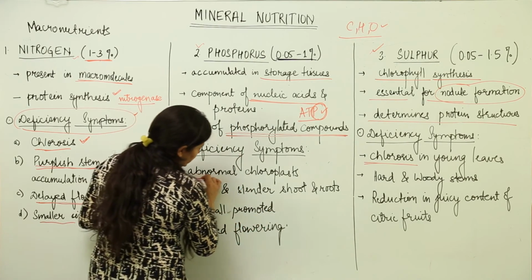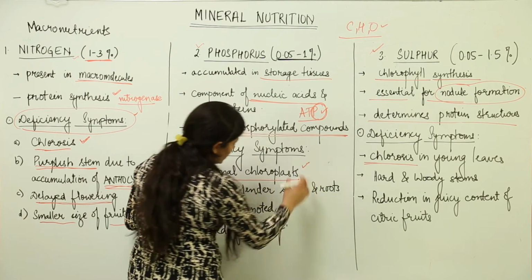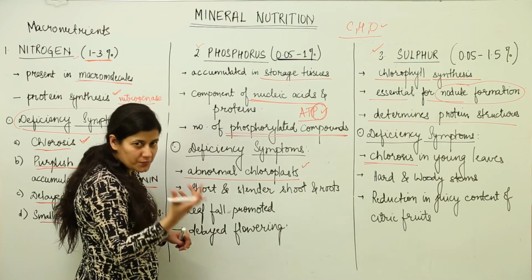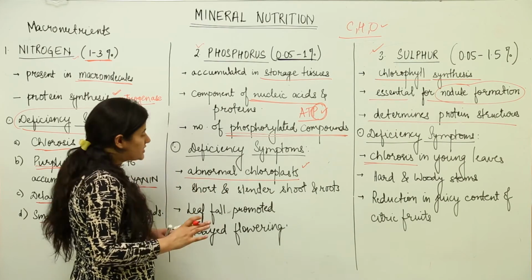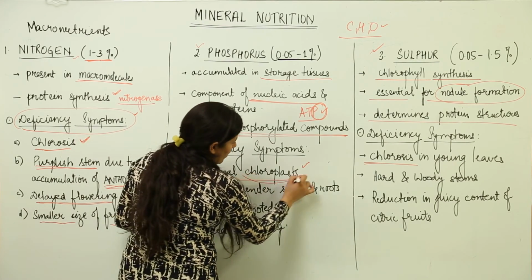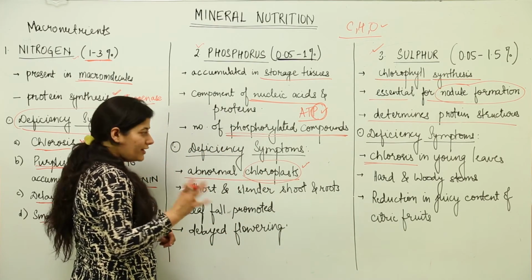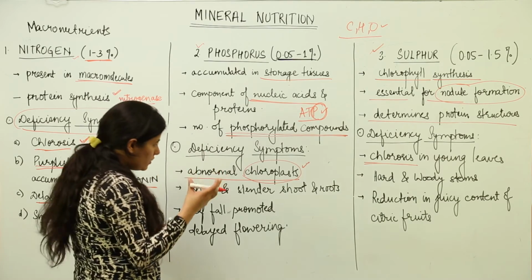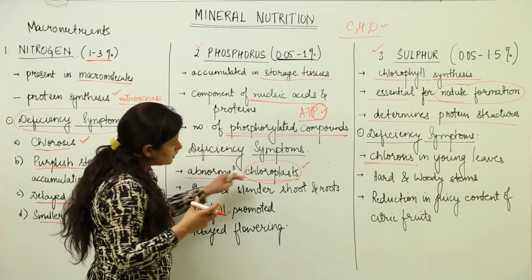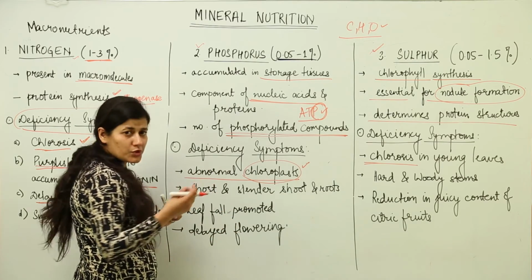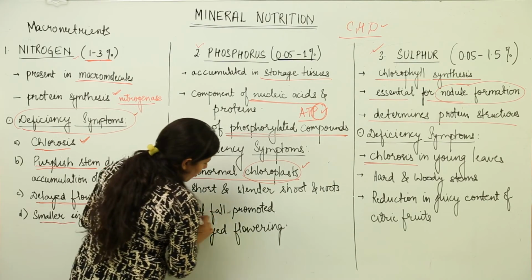So first of all, the thing that comes is abnormal chloroplast. Now it is very clear, because the chloroplast shape and size would be abnormal, not as expected, somehow it is going to lead to chlorosis. Chlorosis is the condition which is the loss of green coloration. Over here the chloroplasts are abnormal, so the chlorosis condition would come. Leaves would become yellow. The leaf fall would be promoted.